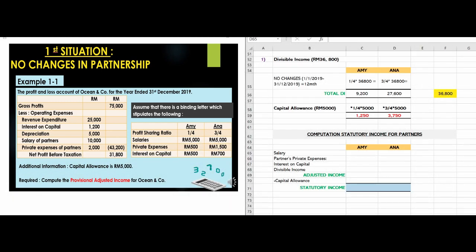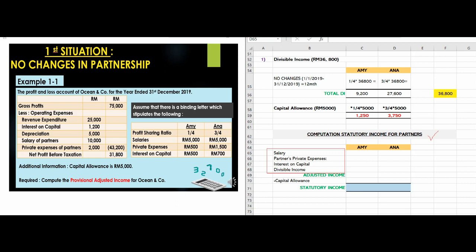Okay, class, so this is the last part of the computation aspect, which is about the statutory income for partner. As a proper way, you should put a title here so your lecturer can identify which part you are going to calculate. Okay, class, so what is the content under the statutory income part?